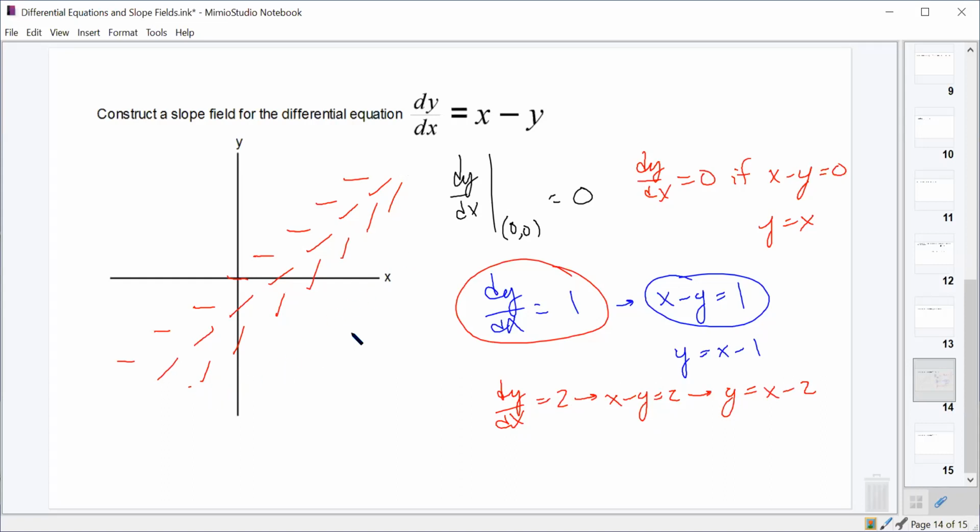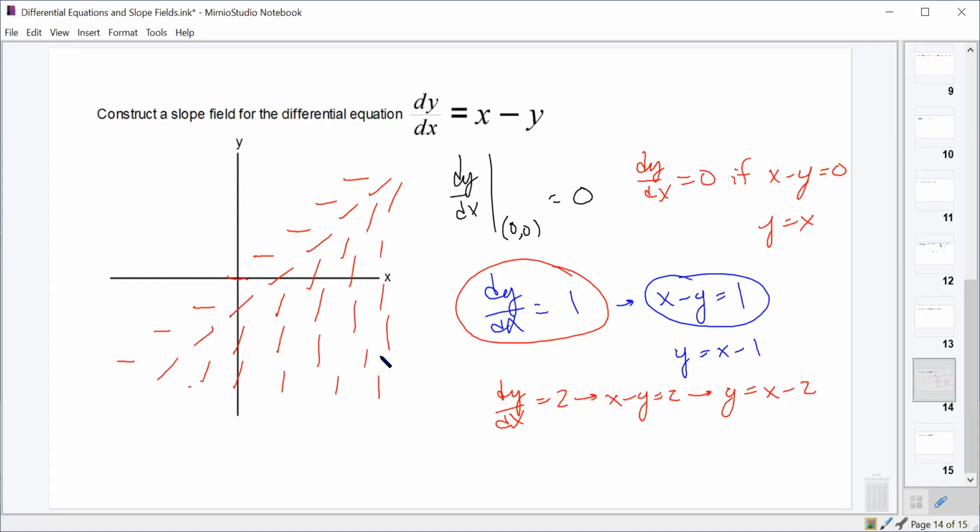If I want dy/dx to equal 3, that would be y equals x minus 3, right? So each of these is going to get even steeper. And as I continue going down, these are just going to keep getting steeper and steeper. They're never going to become vertical, but they are going to keep getting steeper. Everybody see that? Okay with that?